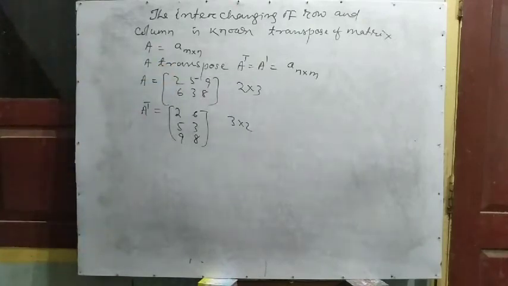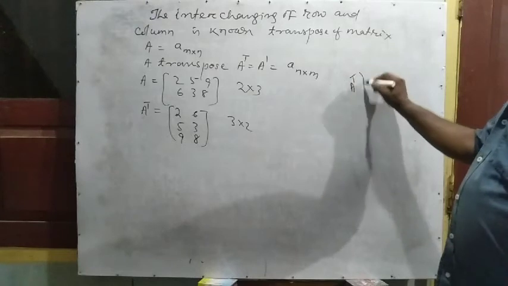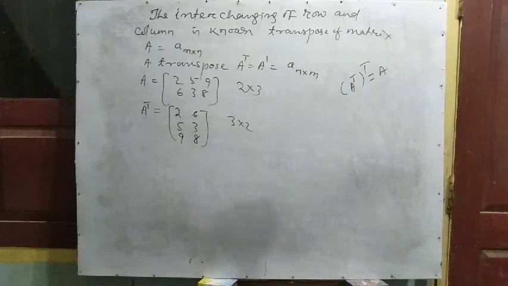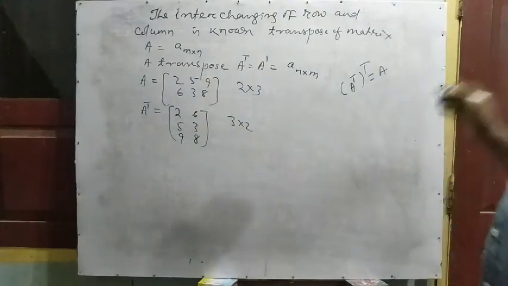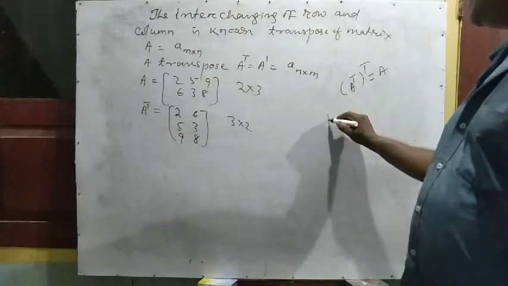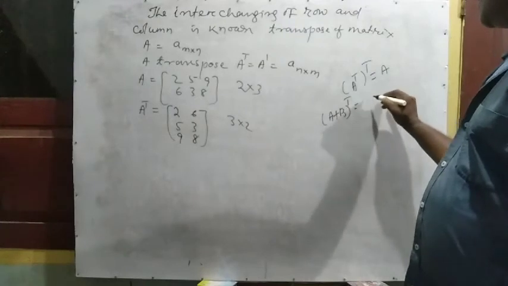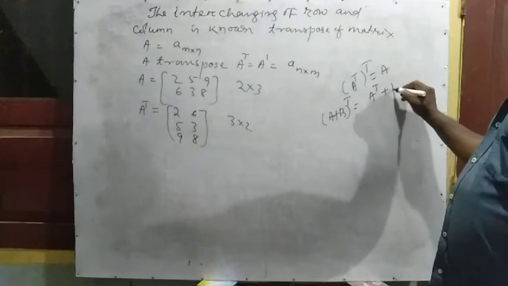Here is the property you will get. Suppose A is any matrix; the transpose of the transpose is equal to A, so (A transpose) transpose equals A. Now we have to prove two things. One: (A plus B) whole transpose is equal to A transpose plus B transpose.